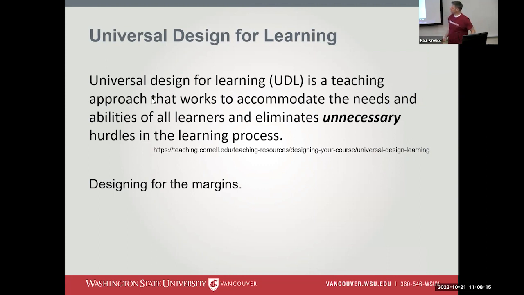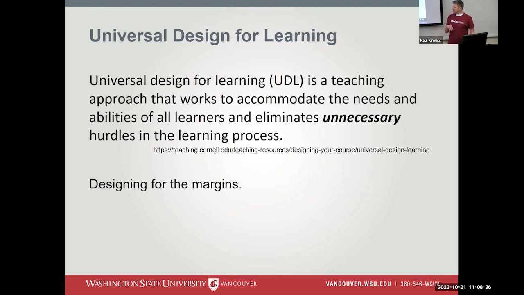Okay, I grabbed this from the Cornell teaching resource website. This is just a definition that they use for universal design for learning, slightly different than the one from the CAST system, but it works: to accommodate the needs and abilities of all learners and eliminate unnecessary hurdles in the learning process.